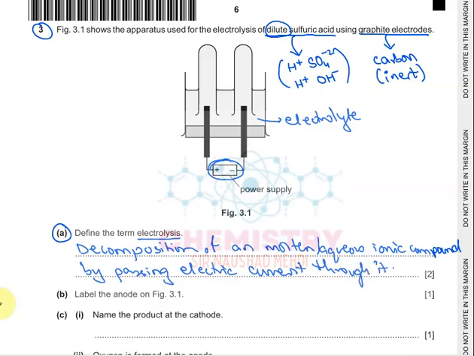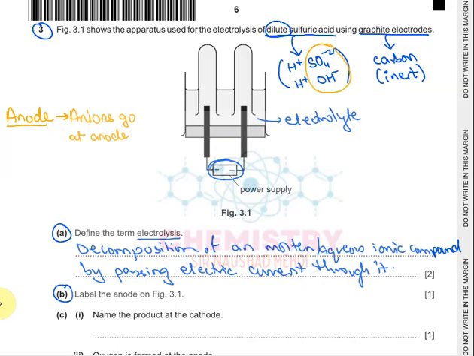Okay. Now in part B, it is saying to label the anode. Now the anode is your electrode at which the anions will get discharged. You can remember by this term that anode means anion. So anions go to the anode and get discharged over there. Anions are your negative ions, right? What are your negative ions over here?